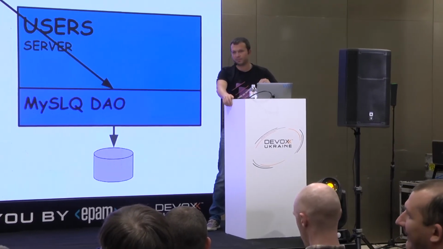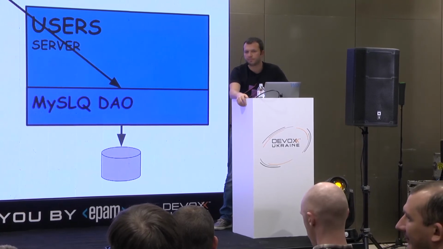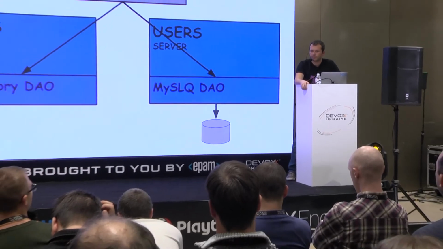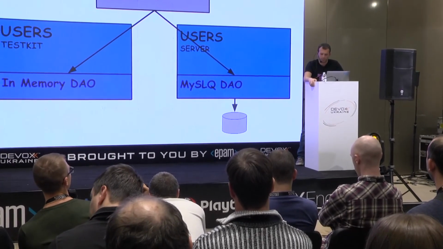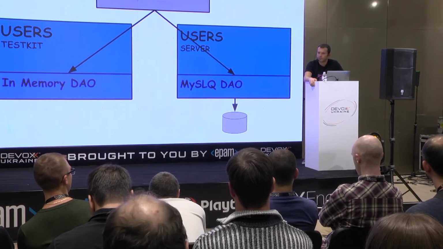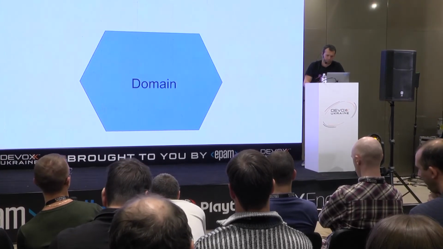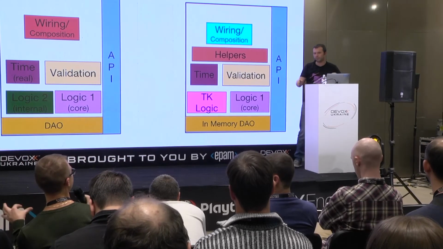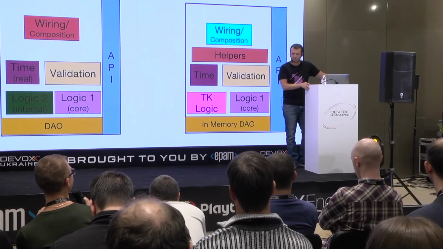I didn't get a point about test kit. Do we have one test kit per one microservice or one test kit per several microservices? Yeah, one test kit per one microservice. So don't we need to solve the issue of how these test kits communicate between each other?